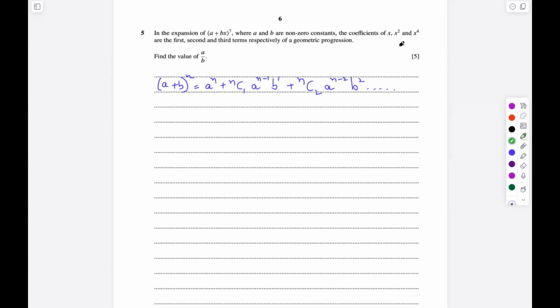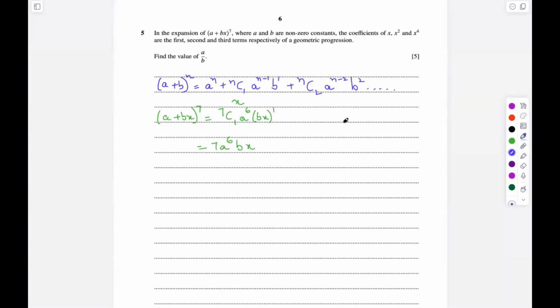Now, as the expression is (a + bx)^7, to get the coefficient of x, we can use nC1, so that will become 7C1 a to the power 7 minus 1, which is 6, and (bx) to the power 1. 7C1 is 7, so we can write it as 7a to the power 6, the b will remain as it is, and this will be x.